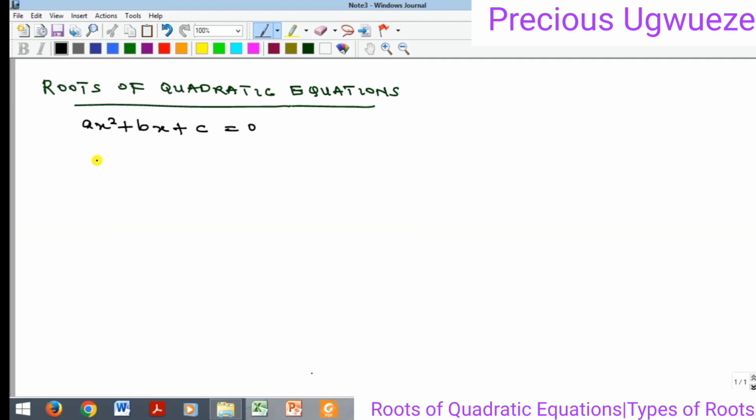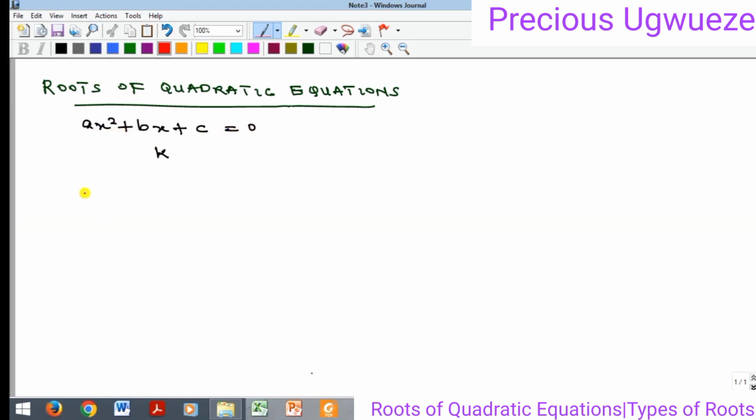For example, let me say k. We can say that k is a root of this equation if, by the time we substitute x as k in this equation, we will get 0.